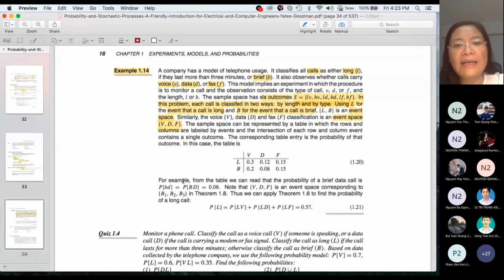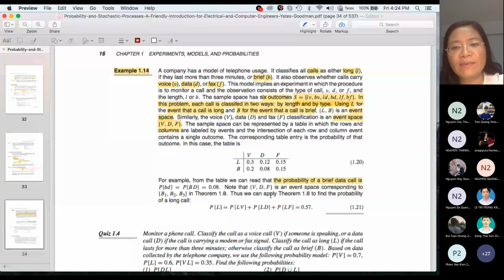Now for the example, from the table we can read the probability. From the table, we can read that the probability of a brief data call, BD, equals 0.08, right? Note that B, D, F is the event space corresponding to B1, B2, and B3.